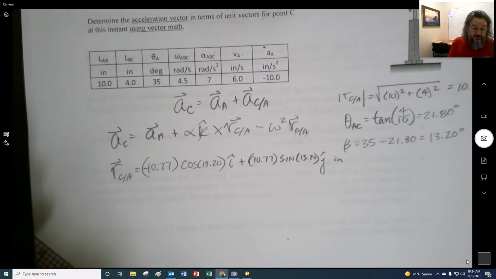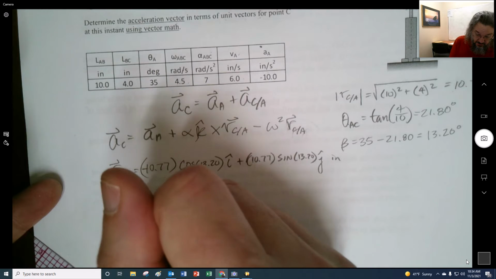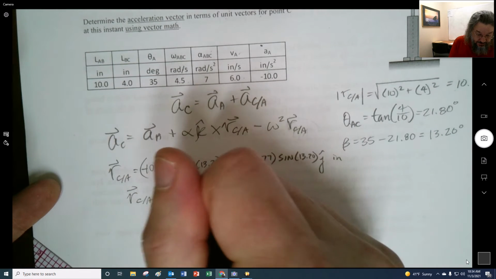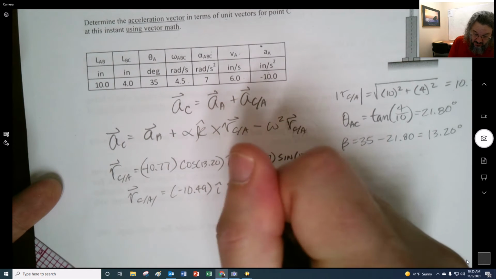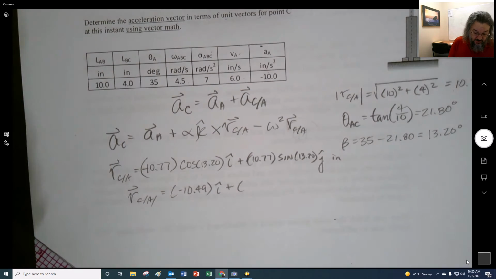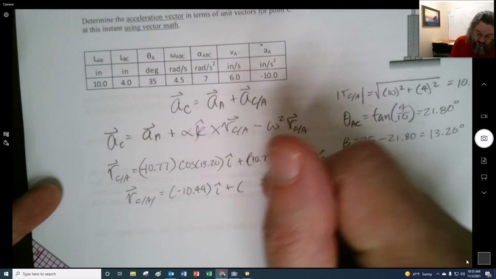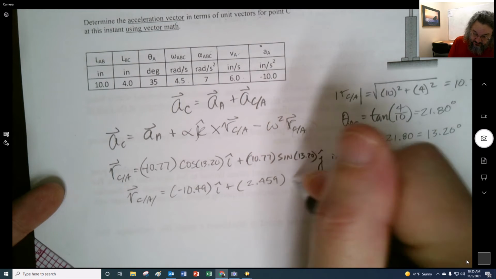So we plug those in, I'll do the cosine of that times that, and I'm going to get r of C with respect to A is negative 10.49 i plus 10.77, and take 13.2 and take the sine. It's not going to be very much. It ends up being 2.459 j.